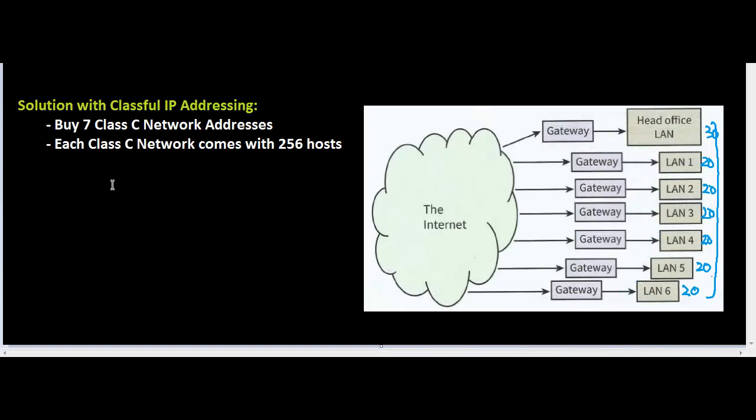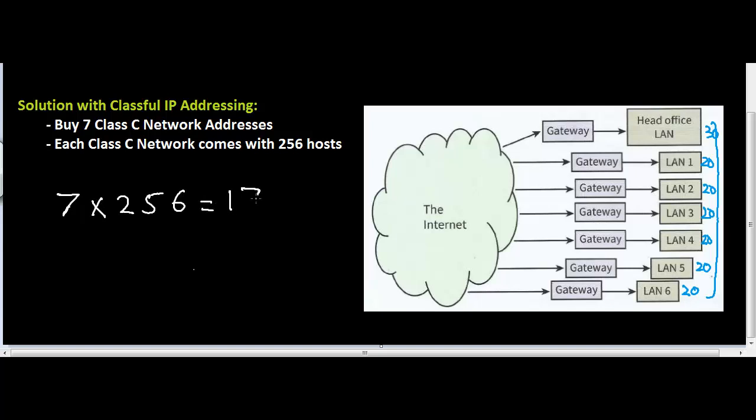Remember that class C networks are from the classful IP addressing scheme. So we are going to buy 7 class C networks because we have 7 local area networks, and each class C network is going to come with 256 hosts. Which basically means that we have bought 7 class C network addresses, and each one comes with 256 hosts.